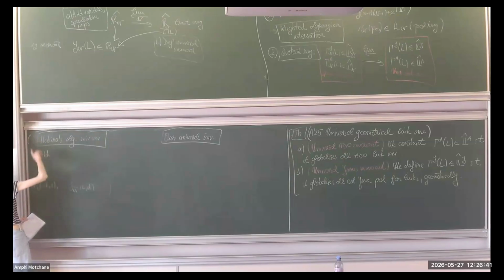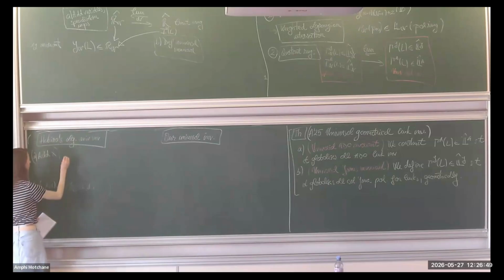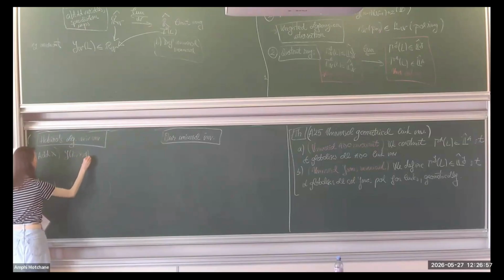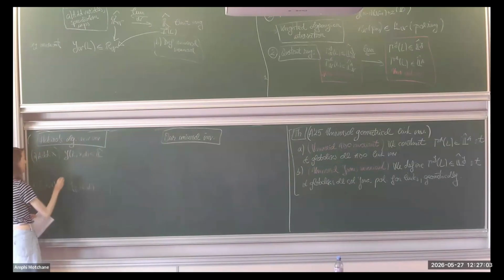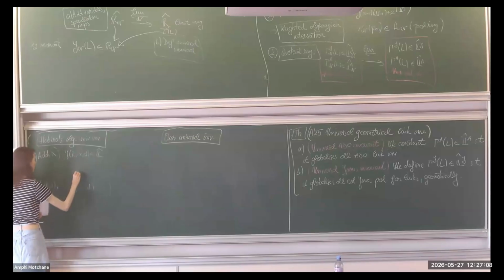As a parallel to the first part of the construction, he added x and constructed an invariant, a formal power series G of K, x, and d, in a ring, such that this universal invariant recovers the colored Jones polynomial at level n if you specialize x and d to 1 minus n.